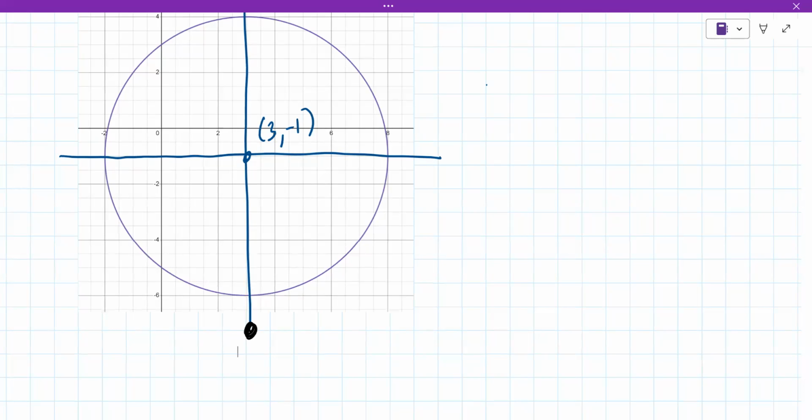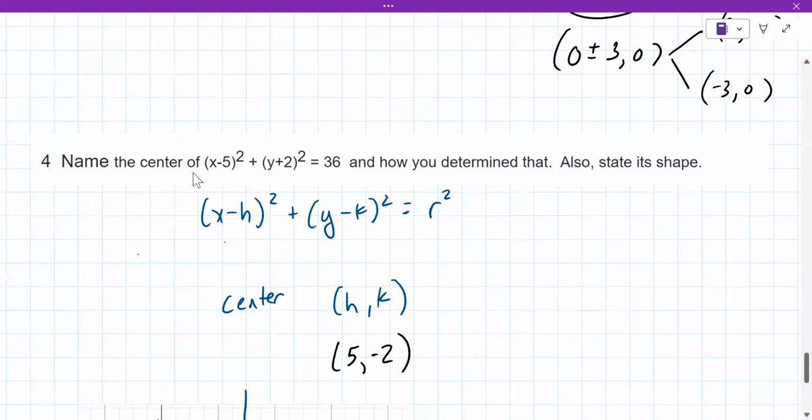Okay. Now it says to name the center. We've done that. You got the center. How you determine that, you could say graphing if you wanted. And then the shape, it's a circle. So I think we've got all of those completed. Now, the thing we got to be really careful of going forward is to do it the way that they want.